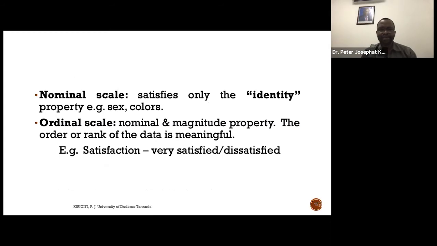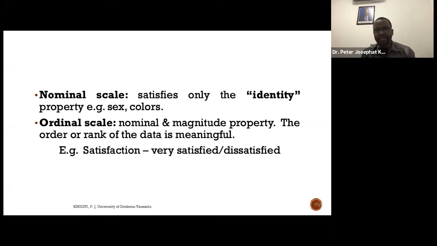Now, going back to the measurement of scale quickly, the first one is the nominal scale. Of the 4 properties, identity, magnitude, equal interval, and absolute zero, the nominal scale satisfies only one, and this is the property of identity. For instance, if you are talking about sex, you can have either male or female. Male has a unique meaning, and female has a unique meaning compared to male.